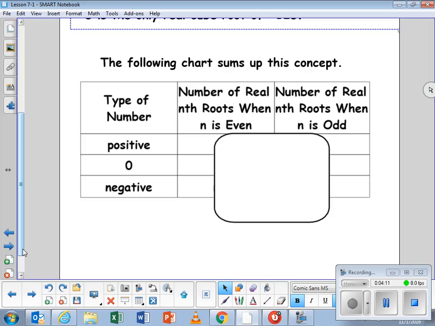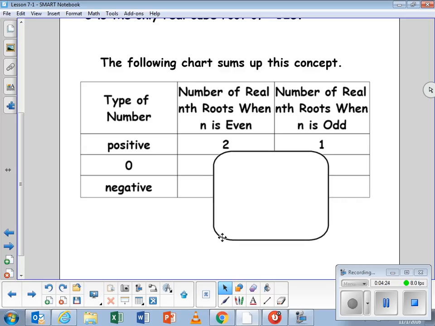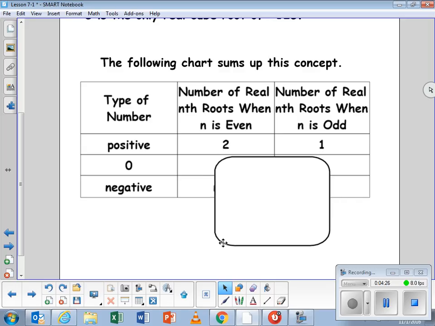And so I don't know how to make it work other than I'm just going to pull this down. If we have an odd number, how many real roots are there? 1. Okay? 1. So if we have an even power with a positive number, we have 2 real roots. If we have an odd power, a positive number, we have 1 real root.